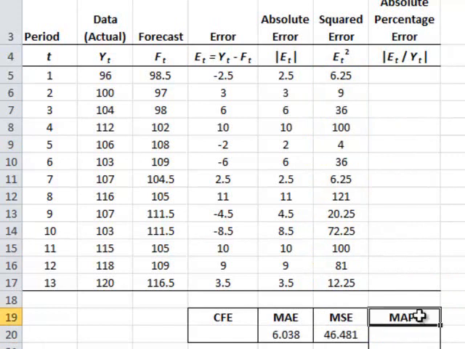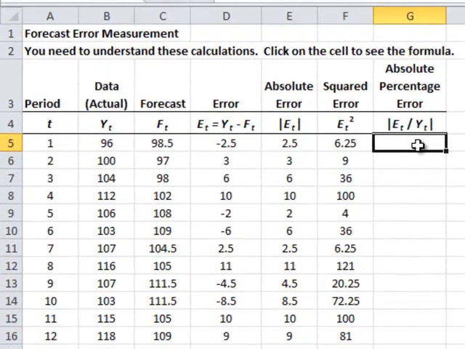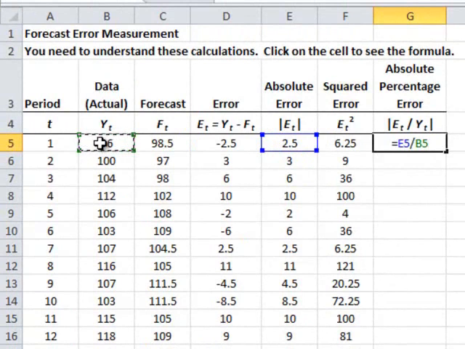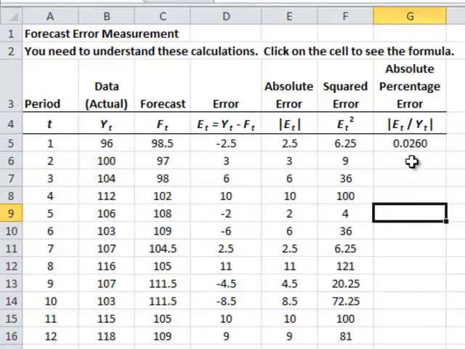To compute the MAPE, mean absolute percentage error, the first thing I do is take each of the absolute values of the error and divide it by the corresponding actual value. What that tells me is that for that absolute error of 2.5, I was actually off by about 2.6%.